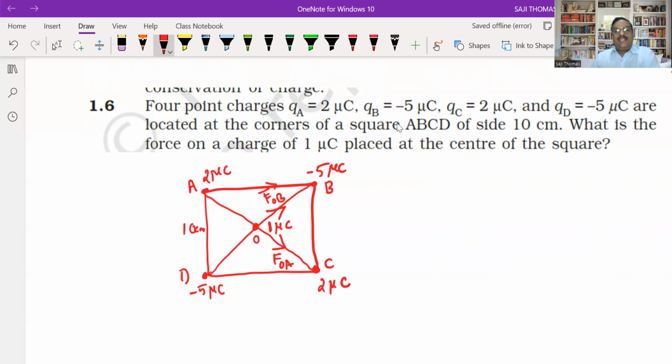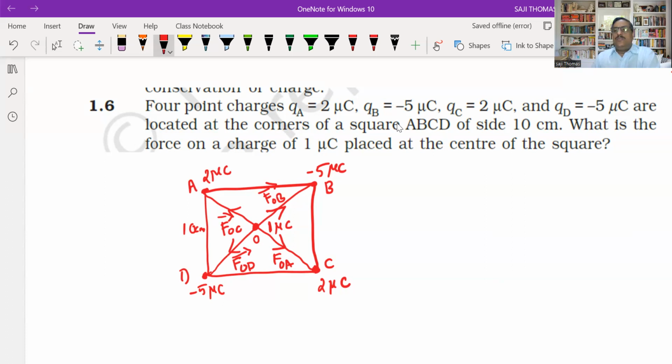Now, charge at C repels 1 microcoulomb in this way. This is taken as FOC. Now, the fourth charge attracts in this way towards it. So FOD. And you can consider FOC and FOA.